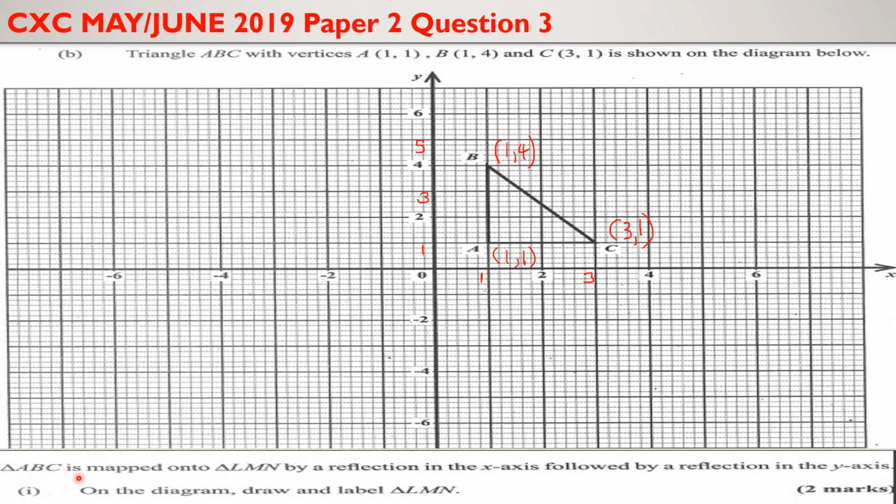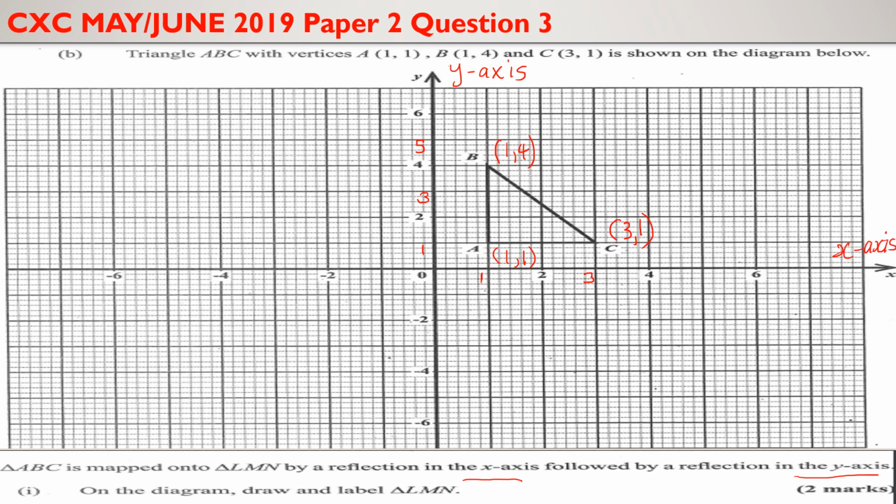Triangle ABC is mapped onto LMN by a reflection in the x-axis followed by a reflection in the y-axis. Alright, so let's underline the important parts here. We first have to do a reflection in the x-axis followed by one in the y-axis. So this is the y-axis and here is the x-axis.